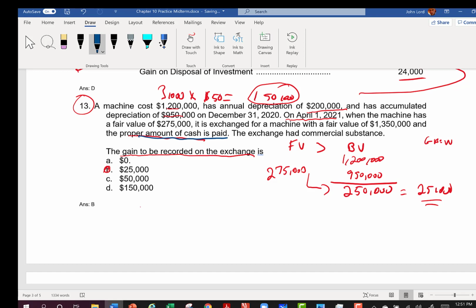Well, I have this 250,000 of book value that's coming out, but I have what? I have the machine has a fair value of 1,350,000. That's the one I'm getting.